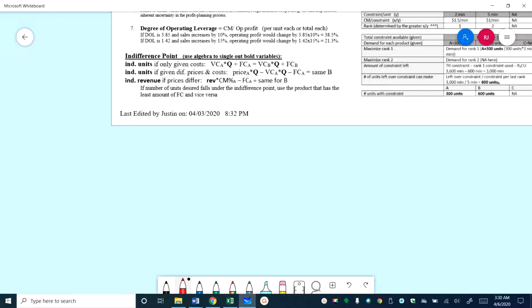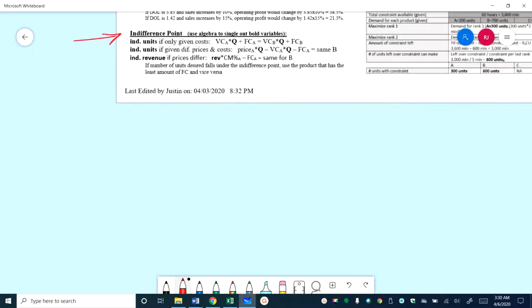So the subject we're going to touch on now is called indifference point, and I like to start this off with a quick example. So imagine you have two printers you could buy. You have a small little printer from Walmart that has a very small price and therefore very small fixed costs.